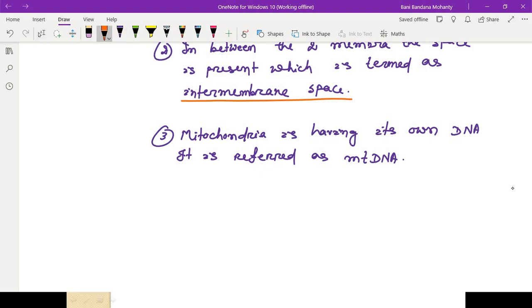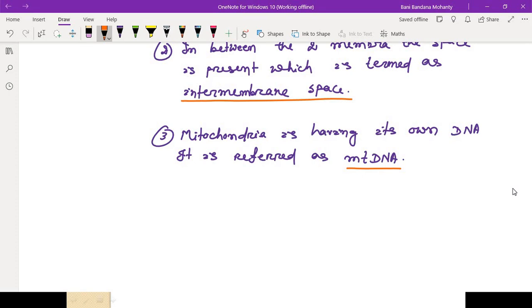It is believed that mitochondria enter into the eukaryotic cell by the process of endosymbiosis, because their size resembles bacteria. By endosymbiosis they entered into the eukaryotic cell and survived, also providing some benefits like liberating energy for the host cell.